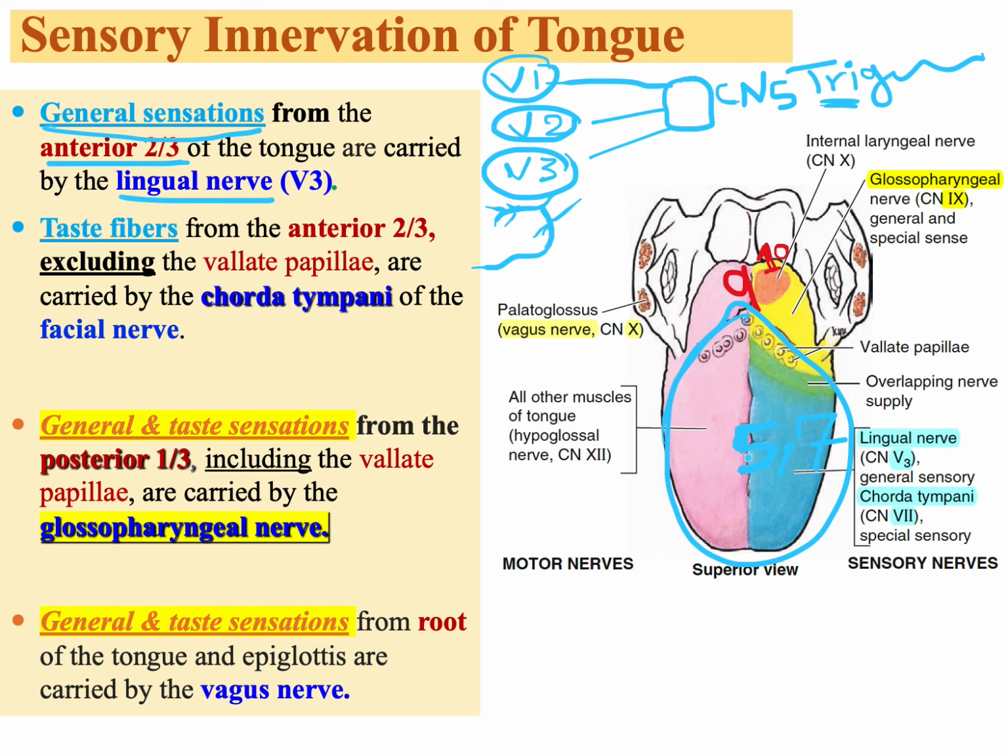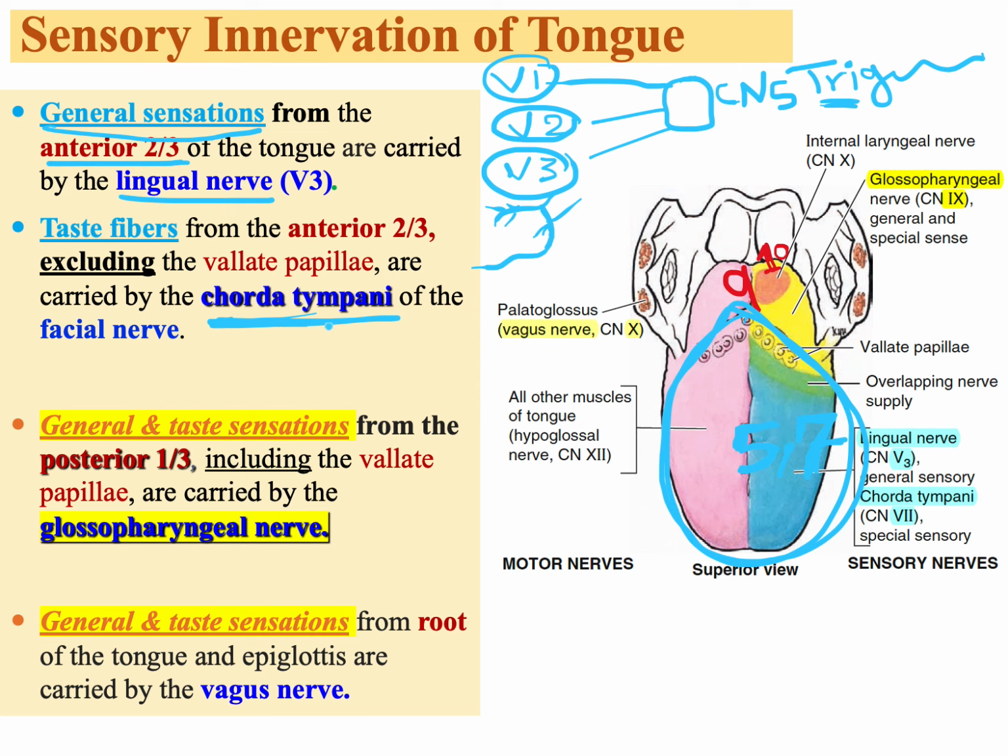But what about the taste from the anterior 2/3? What about the taste sensation? The taste is carried by cranial nerve number 7 through the chorda tympani, right? A branch of nerve fibers carries the taste sensation.